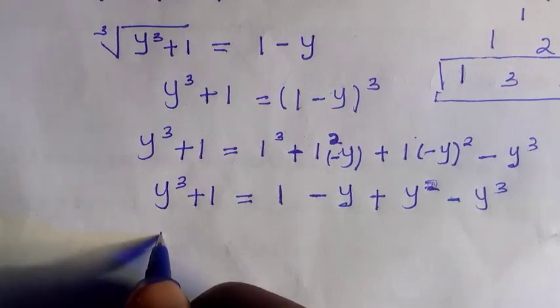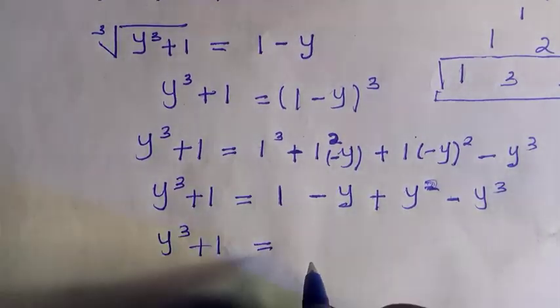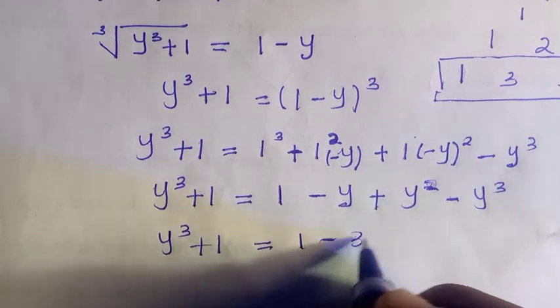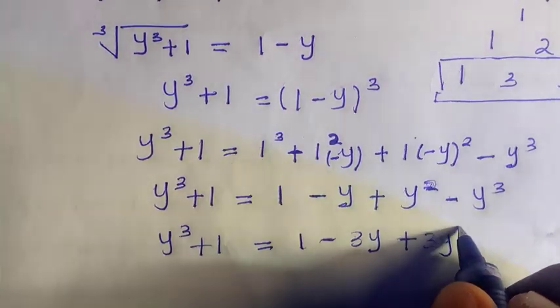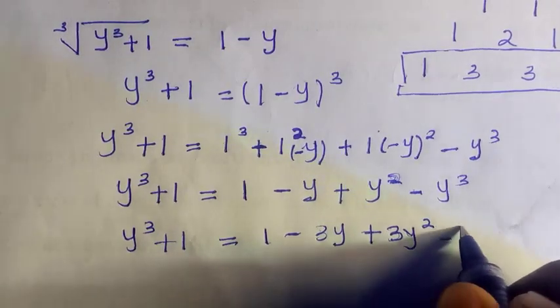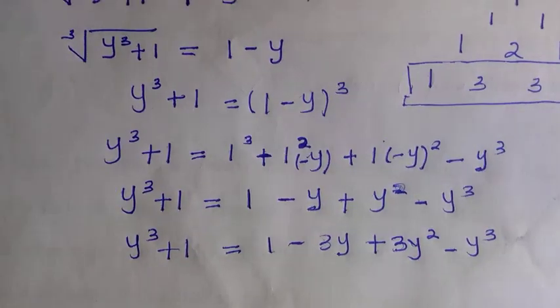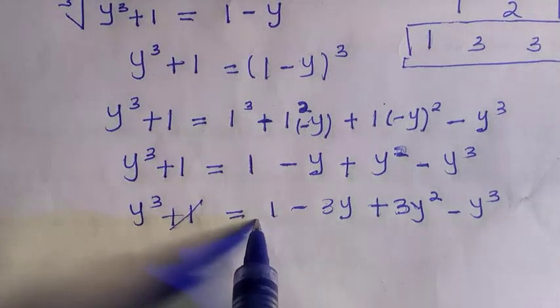Since we have 4 terms and all those coefficients are also 4 terms, we are going to put it there as 1, negative 3y plus 3y squared, and for the last one we have negative y raised to power of 3.